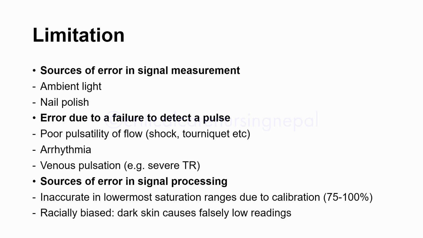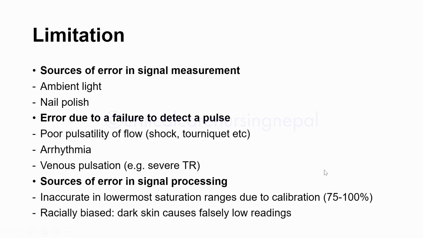So it is calibrated on the level of 75 to 100%. Below that the algorithm extrapolates. So an SpO2 of 60% that is shown could be either 50% or 70%. We never know because it has been calibrated only from 75 to 100%.